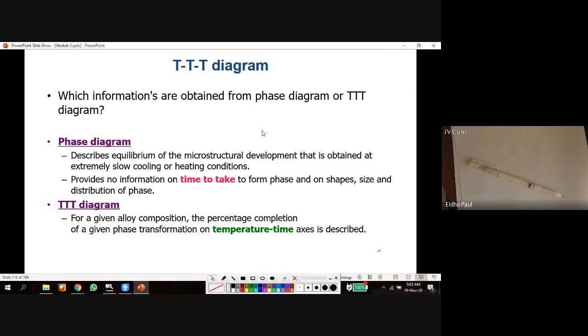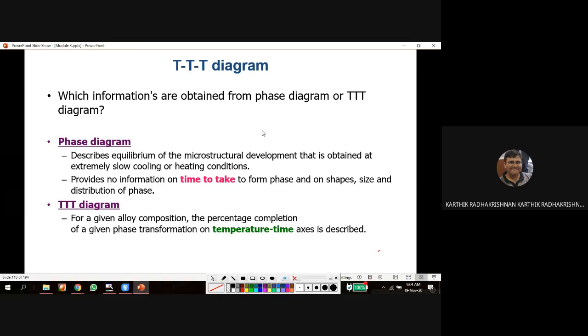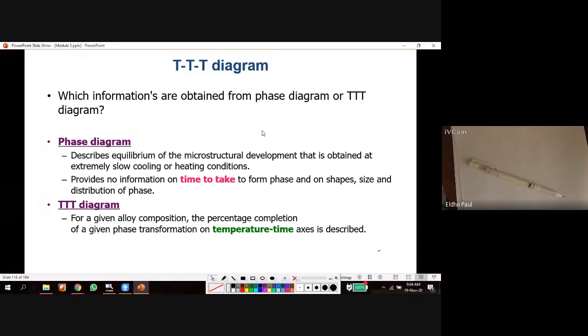It is a diagram between concentration and temperature: temperature and the concentration or composition of the constituents or components. Those are the axes of the phase diagram.